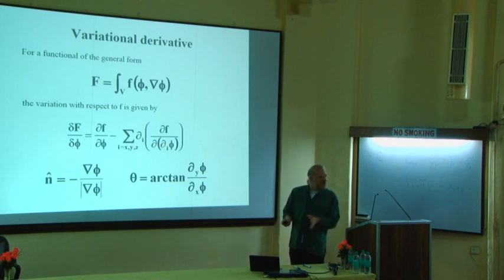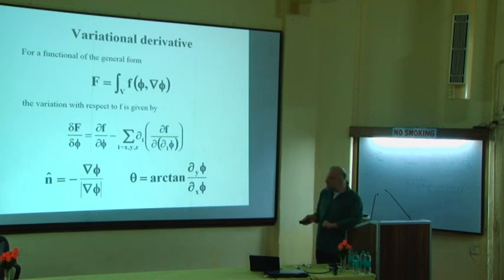So it's a bit nasty, but it's doable, especially if you are in 2 dimensions, and I think we will limit ourselves to this case, because in 2 dimensions, instead of working with the interface orientation, you can work with the angle between the normal and the crystallographic axis, and you see the angle you can simply express like this as a function of the two gradient components.